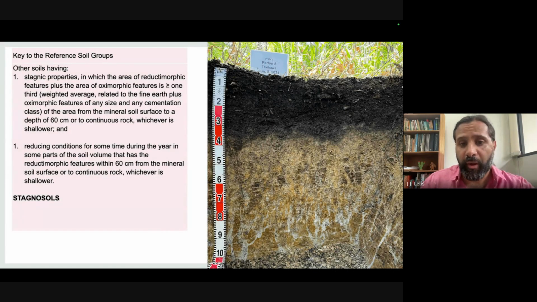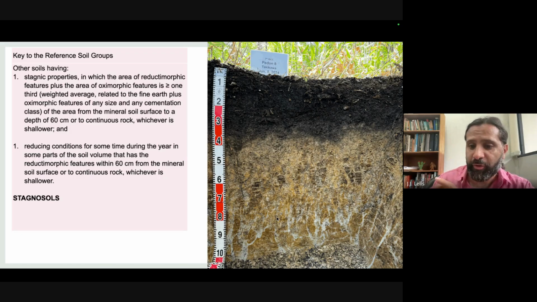Great. So as I said, the stagnosols register the stagnic properties, and those are the grayish colors that we can see in the voids or between the aggregates, okay? You can easily see here in all of this horizon these stagnic properties, expressing reducing of the walls of the aggregates because water is stagnant in these voids.